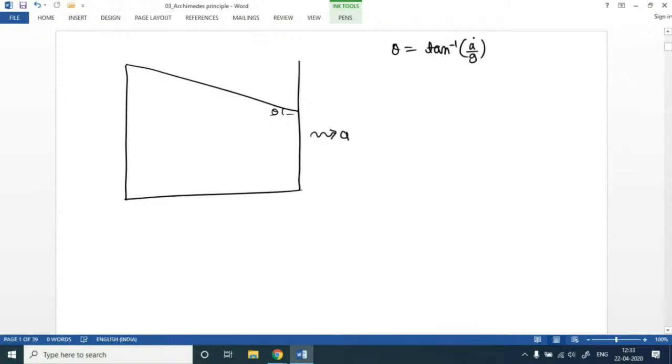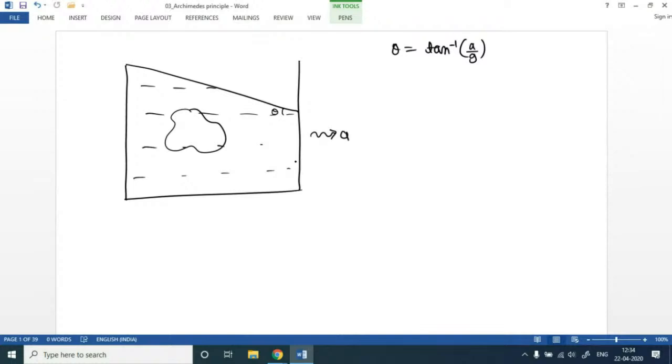So if we have a submerged body inside this liquid, what would be the magnitude and direction of the buoyancy in this case? First of all, we need to find the magnitude and direction of g effective.